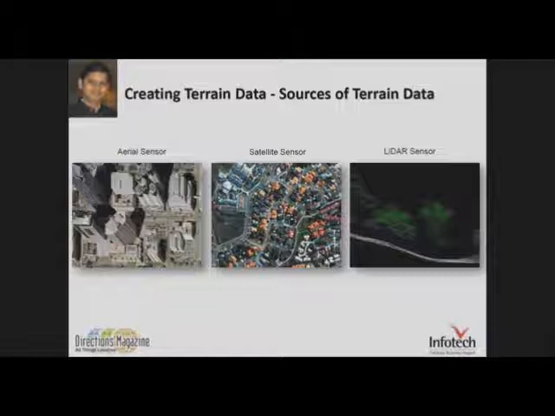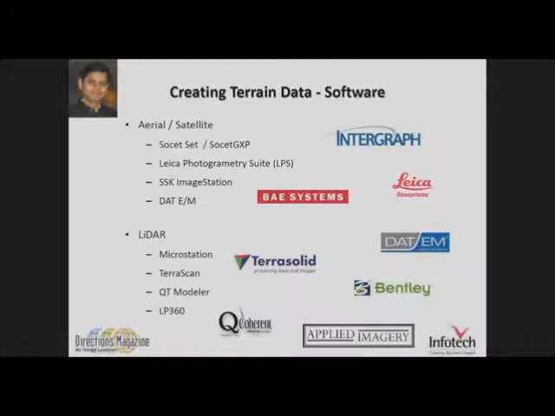The most cost-effective and technologically viable solution in the current digital era to create terrain data is possible through digital stereo imagery, LiDAR, or a combination of the two. For digital stereo imagery, the choice of sensor goes between airborne or satellite, depending on the accuracy, schedule, and the budget.